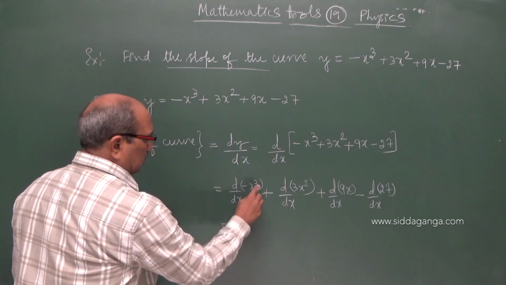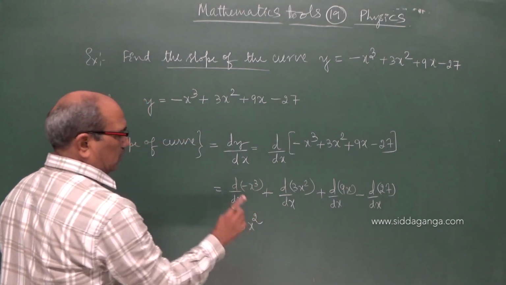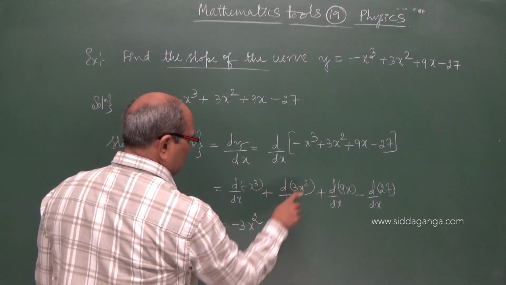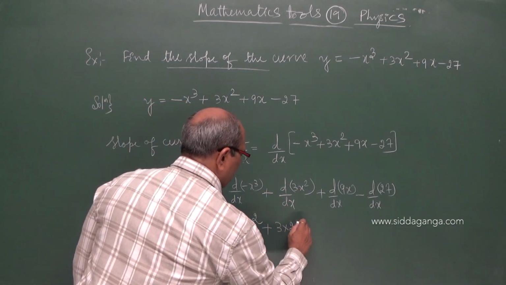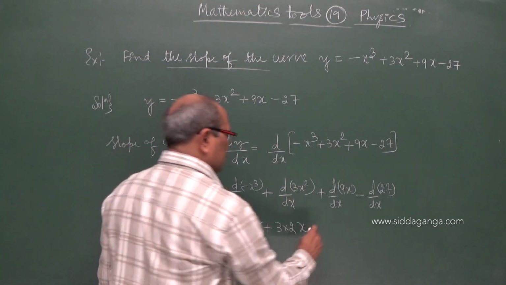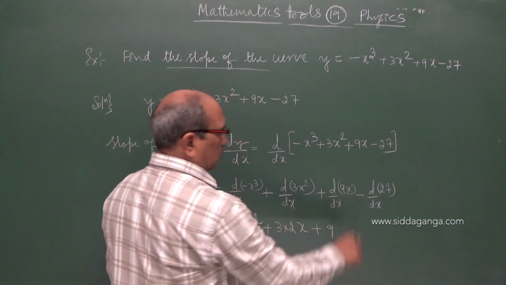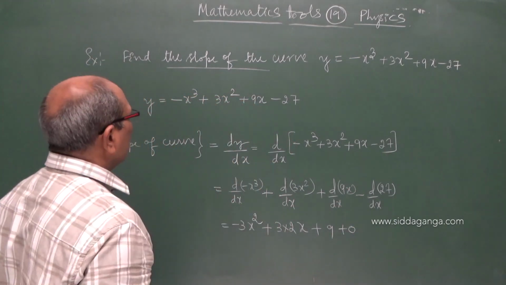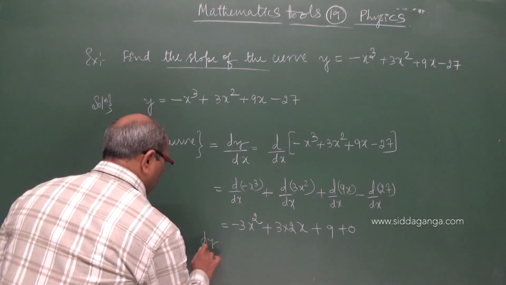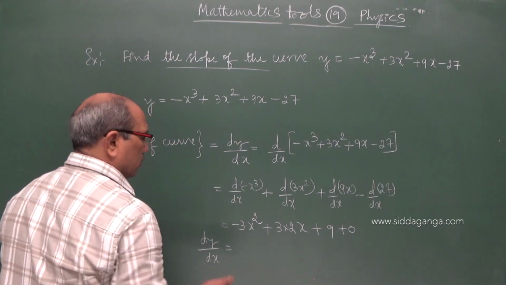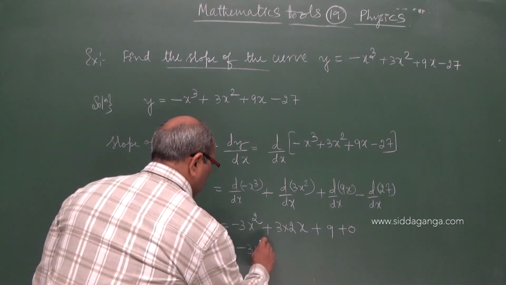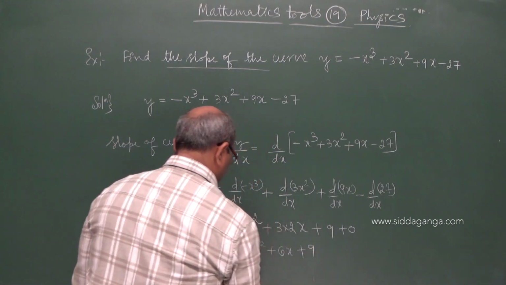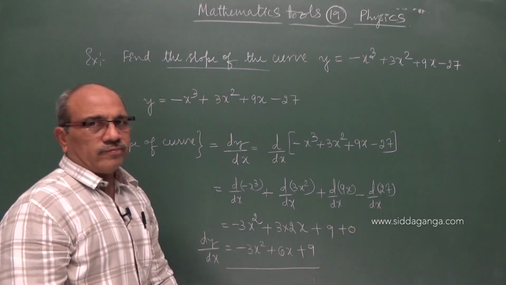Minus 3 into x square, 1 power is less, plus 3 into 2 into x because 1 power is less, plus 9, derivative of x is 1, plus 0. Hence we got slope equal to minus 3x square plus 6x plus 9 is the answer.